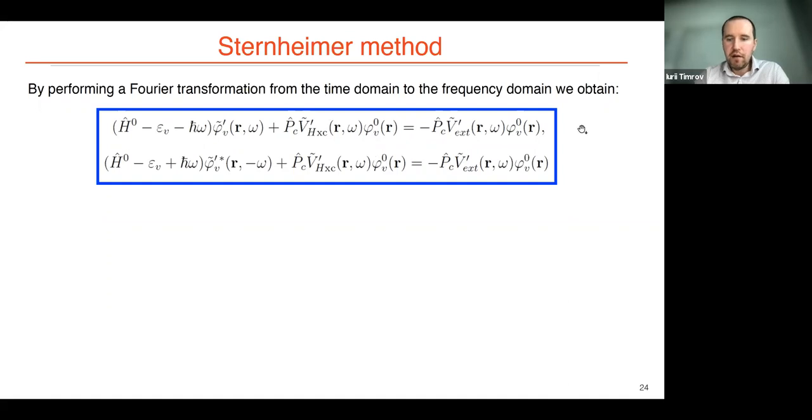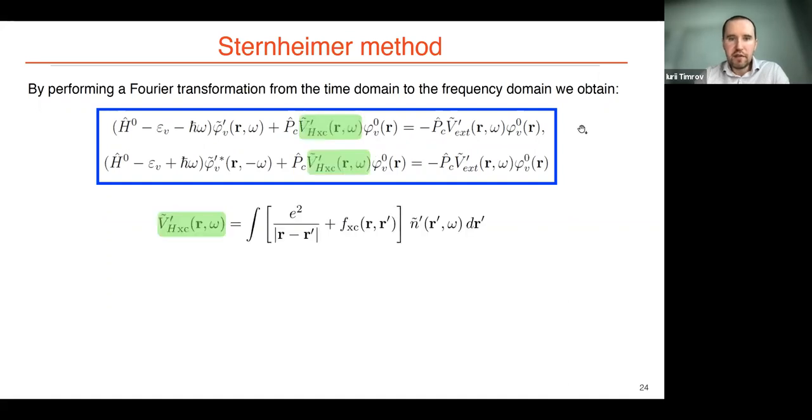And here, let's discuss a few terms. V prime Hartree exchange correlation are the so-called linear response Hartree and exchange correlation potentials, which have this expression. We have the Coulomb potential and the exchange correlation kernel multiplied by the response density. So n prime is the response density.